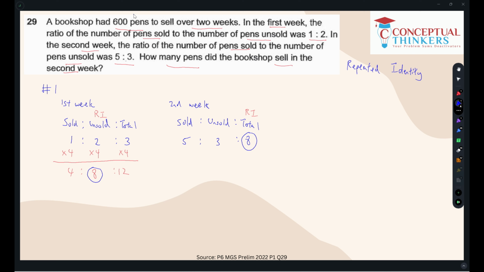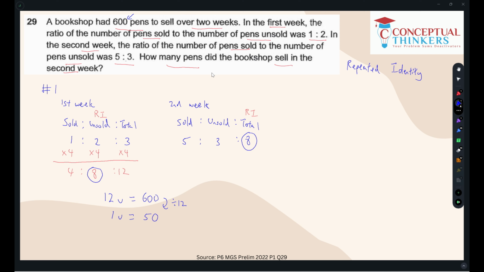There's only one number we haven't used, which is the 600, the number of pens to sell over the 2 weeks. This should match the total of my first week, the total quantity that the bookshop had. So 12 units will be equal to 600. 1 unit will be equal to 600 divided by 12. I should be able to get 50.